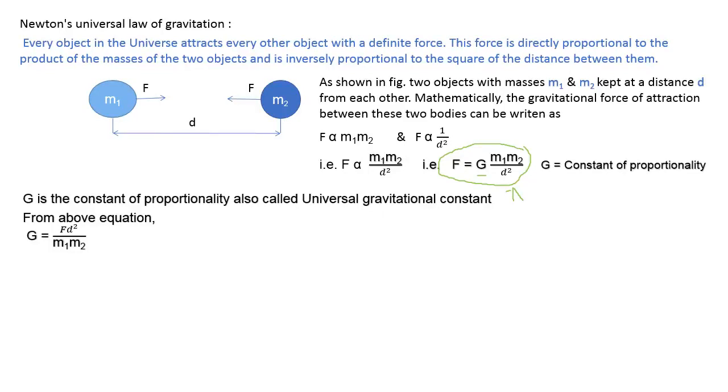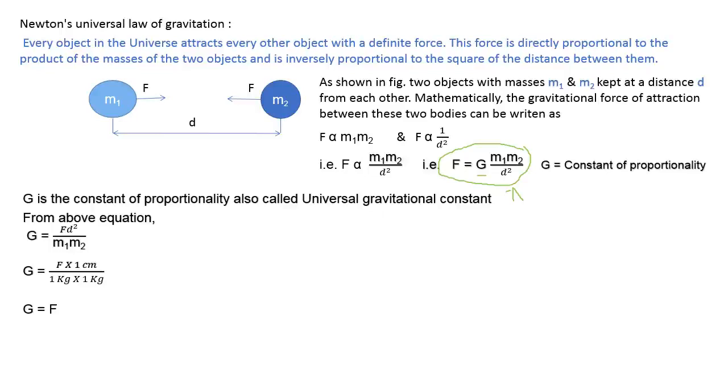I hope you understood. So you will be getting G = F d square upon m1 m2. Now F we will keep as it is, and d square you are going to take as 1 centimeter. Suppose the distance between these two objects m1 and m2 is 1 centimeter, and the masses of both the objects are 1 kg each.